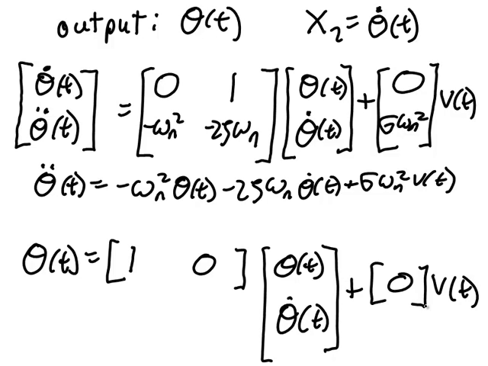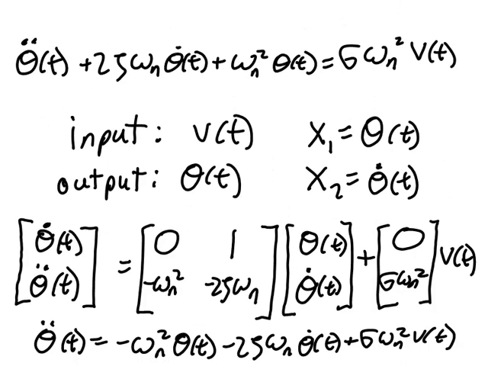Now, in class, we're going to look at how you can build a state space representation simulation using things like MATLAB and Simulink. And next time, I'm going to show you another example that's more complex than this simple standard form of a second-order differential equation.